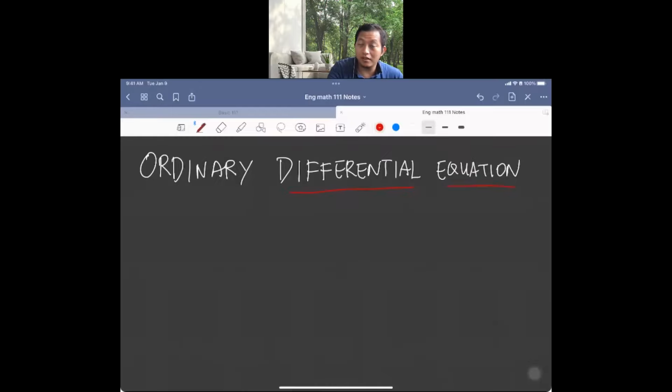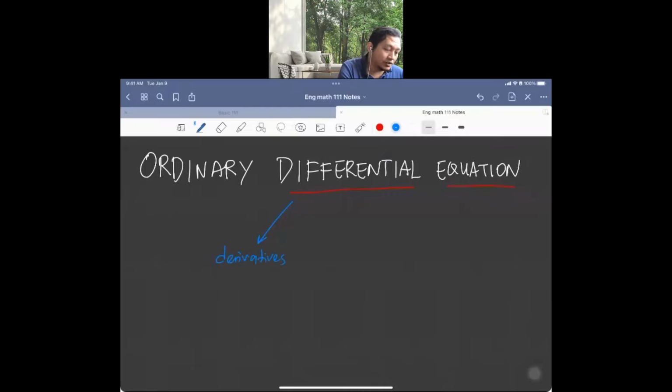So differentials, as you remember, we learned this word when we discussed calculus, and perhaps you already knew it before. Probably in your high school you learned a little bit of calculus, and the word differential also comes out. That's the same word. It means it's related to something that can be derived, like derivatives.